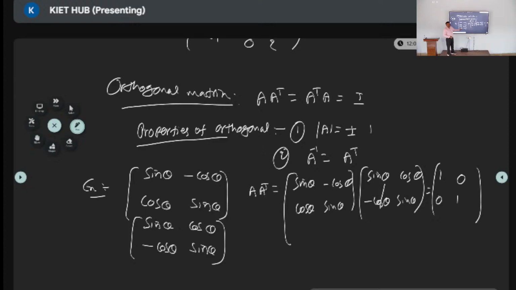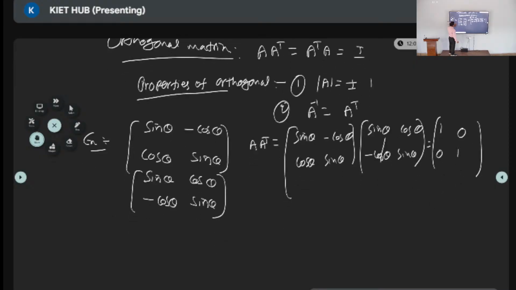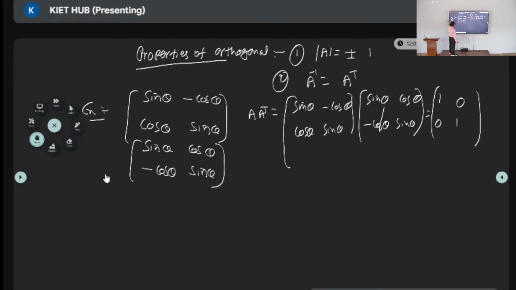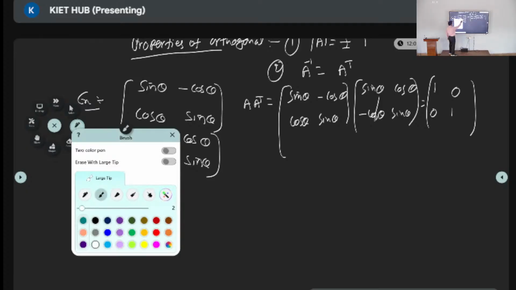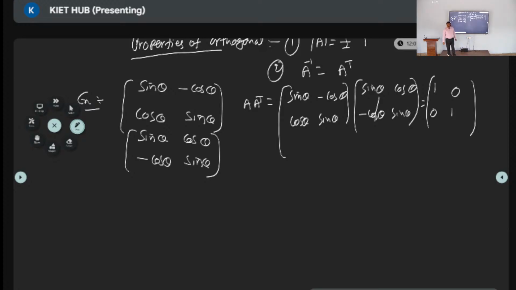This is also an example of what? Orthogonal matrix. Observe the examples of orthogonal matrix.